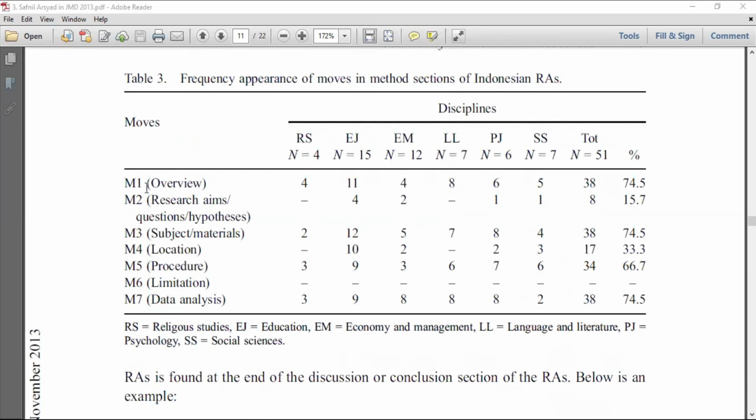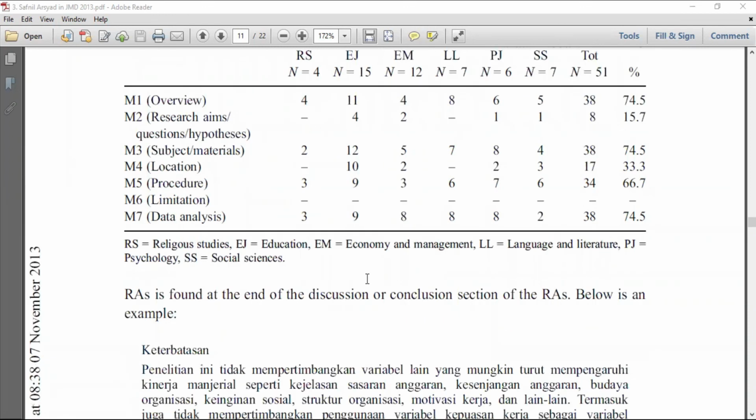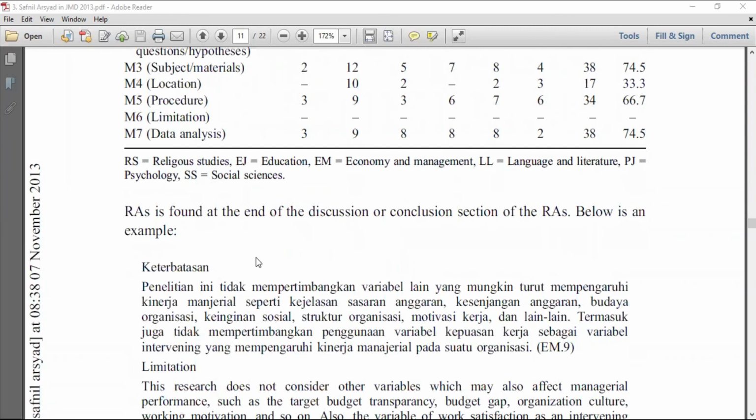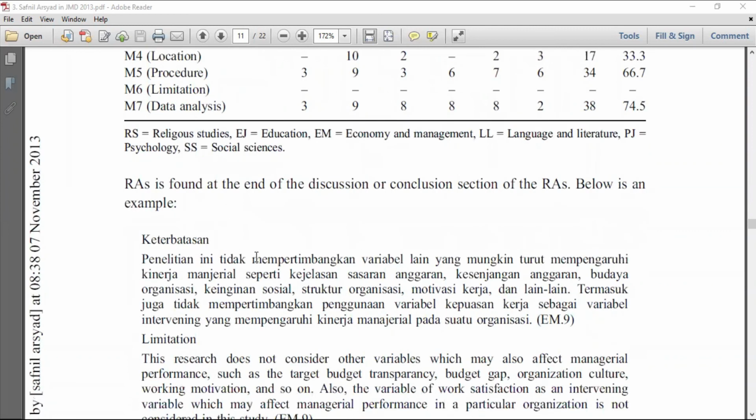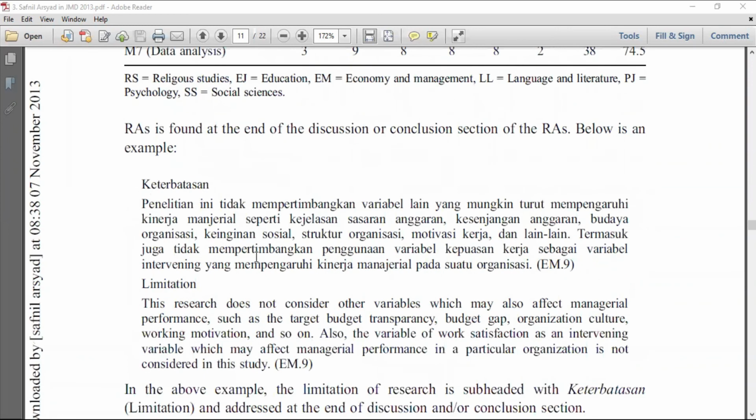So if your chapter one has, for example, an overview, you put a tick here. Move two, move three, and so on, following the model. And below, give an example. Chapter one is similar to introduction, not very similar, but it is close to introduction in articles.